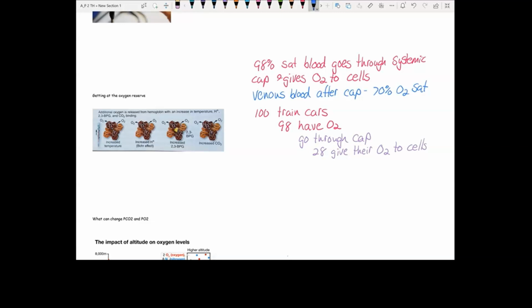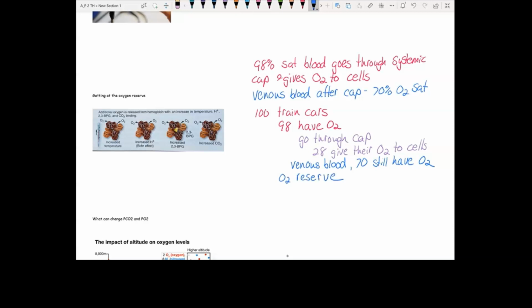Now you have your venous blood, where 70 still have their oxygen. So that's what's happening in a normal, healthy adult at rest. But when you exercise or you have a fever or something else going on in your body, you need more oxygen. So this 70 that you still have is called your oxygen reserve.